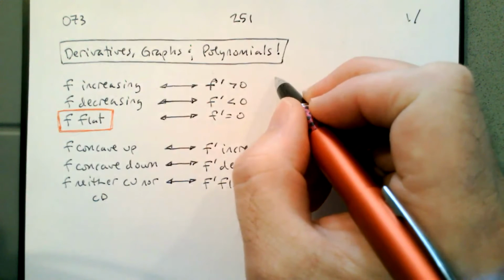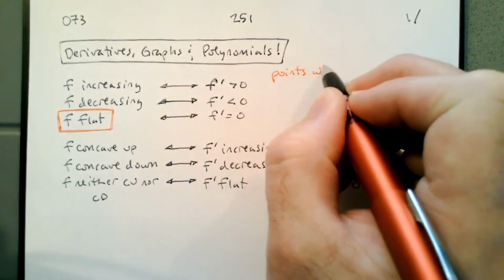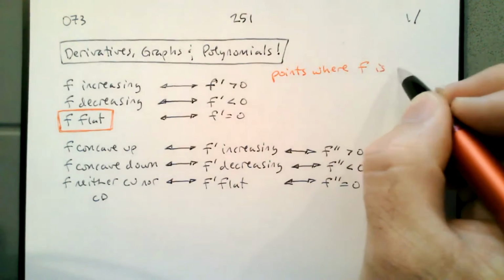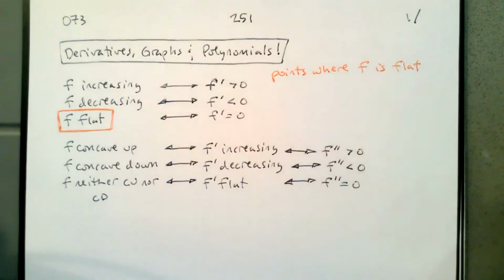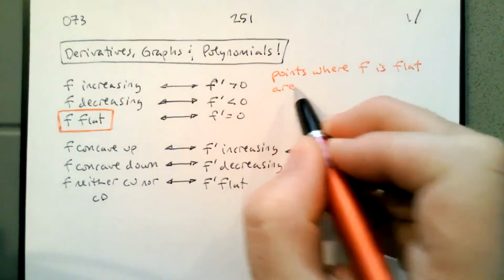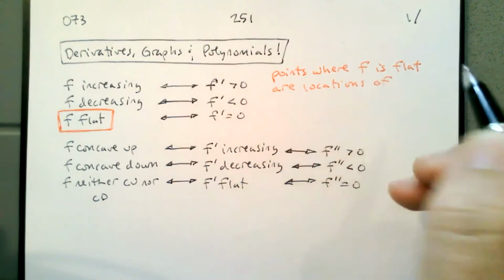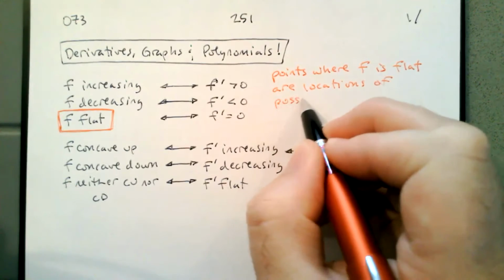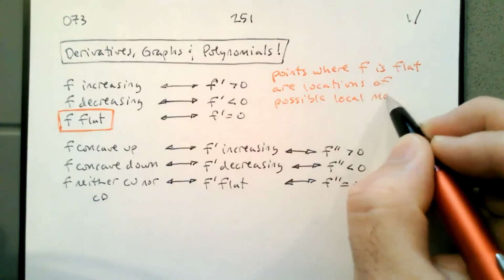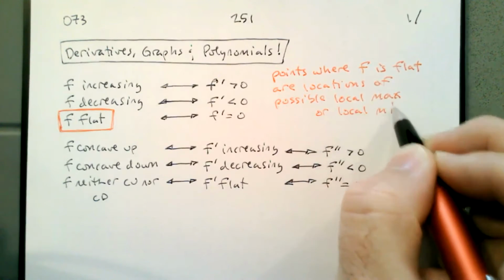So f prime is flat. Points where f is flat are locations of possible local maximums or local minimums.